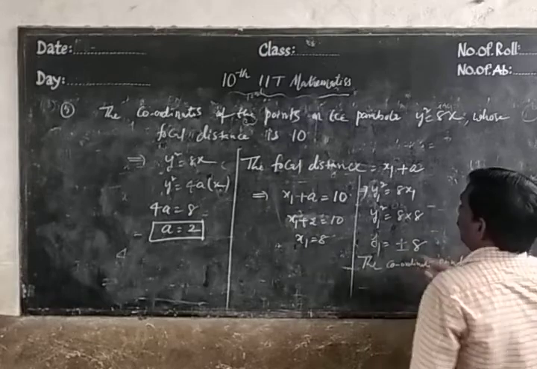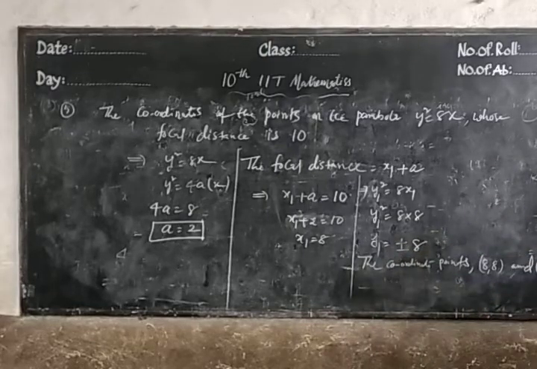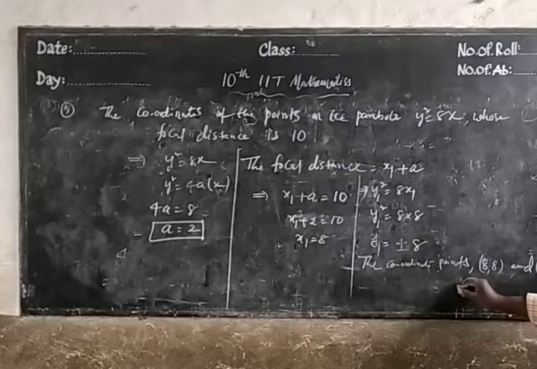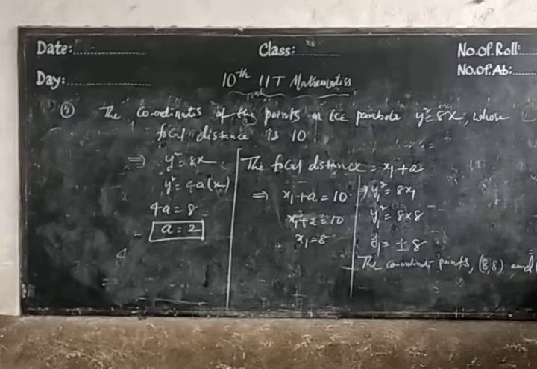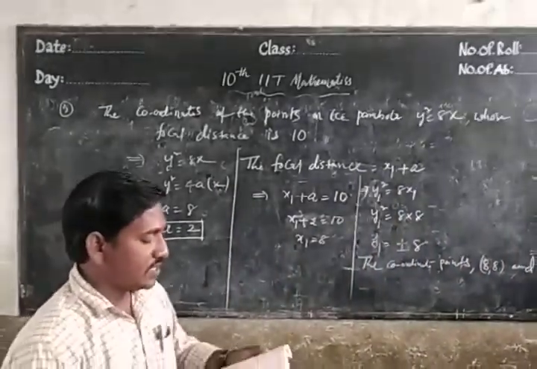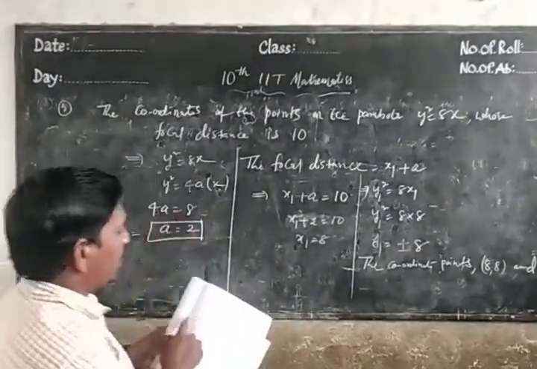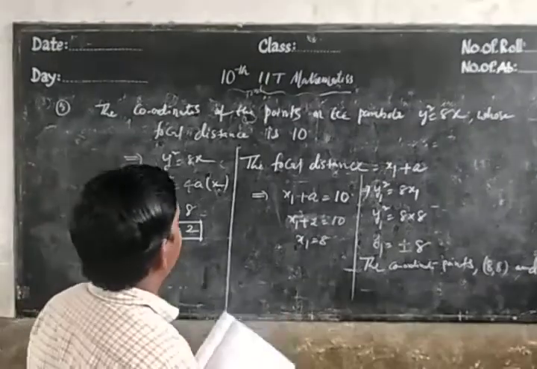Why? Because the y value is plus or minus 8. That's why the coordinates are 8 comma 8 and 8 comma minus 8. So among the options, it is the first one and third one: 8 comma 8, 8 comma minus 8.